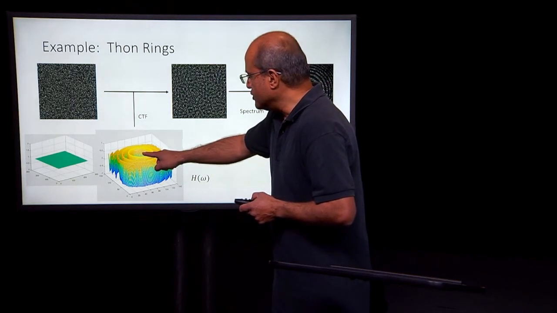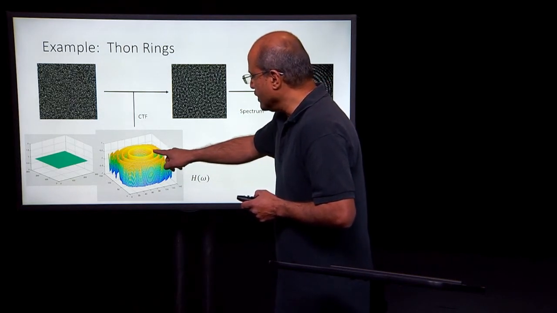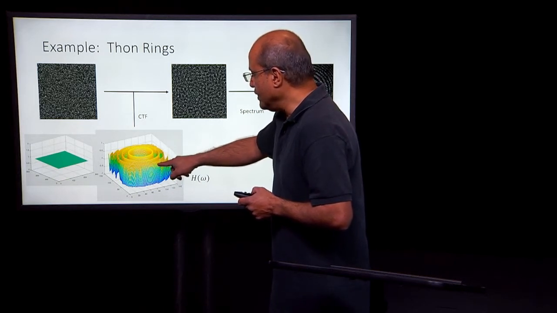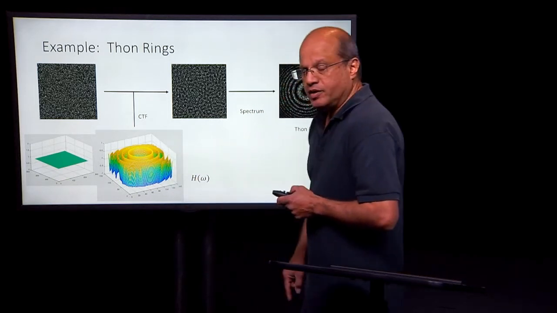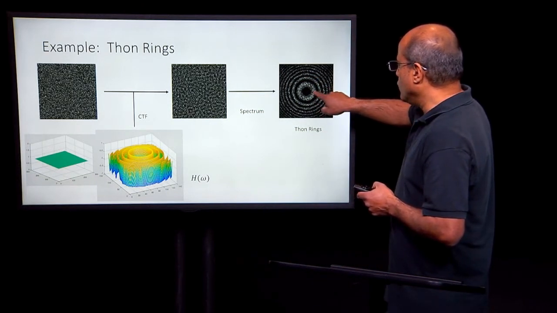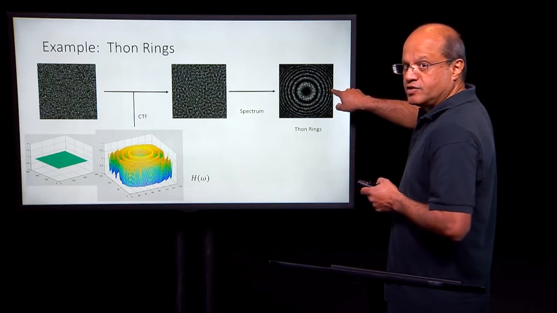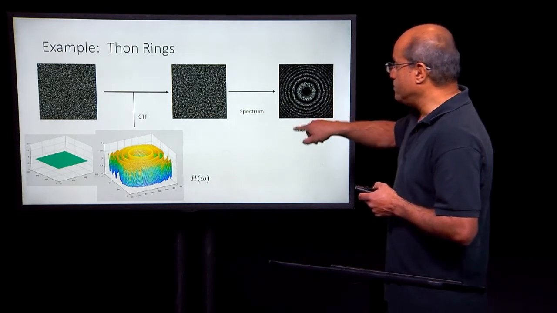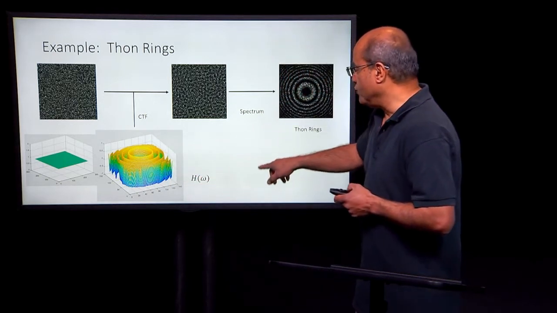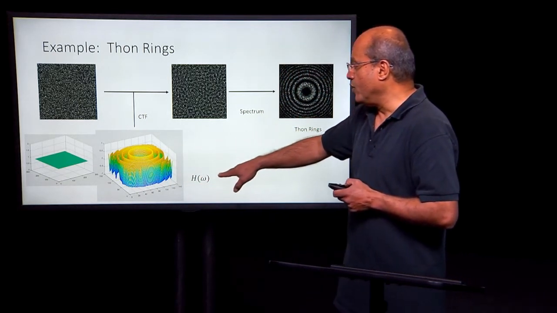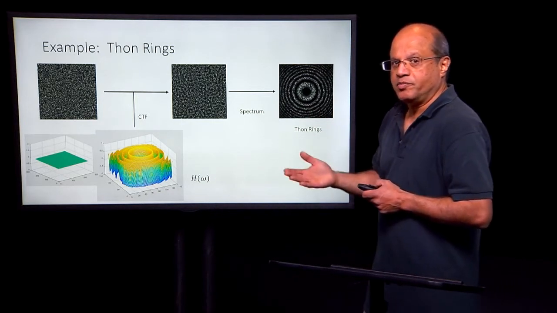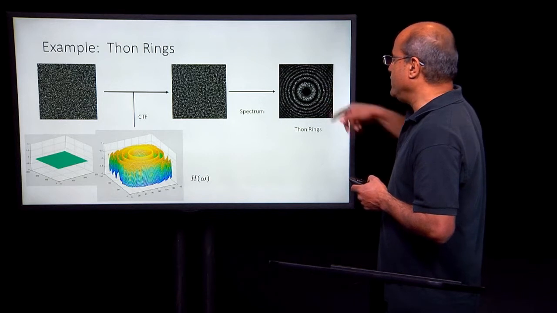If you start at the center and go along the x-axis, you can see that there are 3 positive peaks, and then correspondingly 3 negative peaks. Starting from here and walking all the way out, there's 1, 2, 3, 4, 5, 6 peaks. These 6 peaks correspond to the positive and negative peaks because we now have to square the magnitude of h of omega, so all minus ones also appear as plus ones, and you get 6 peaks.